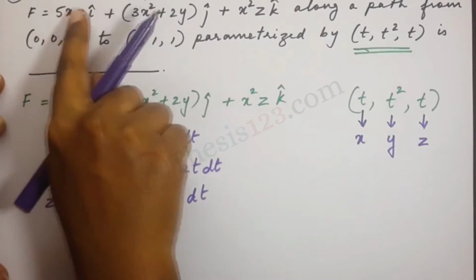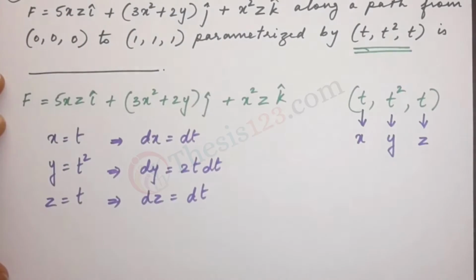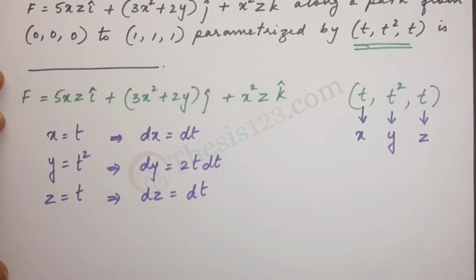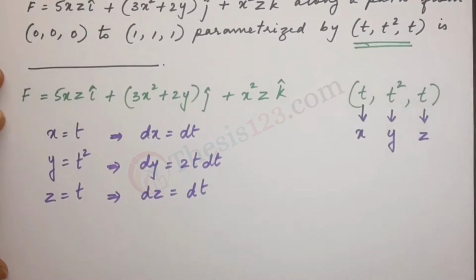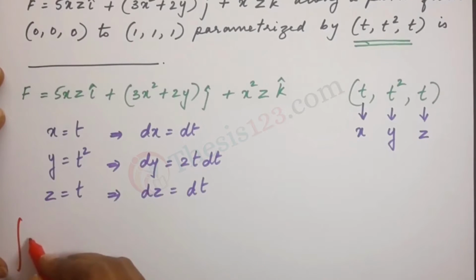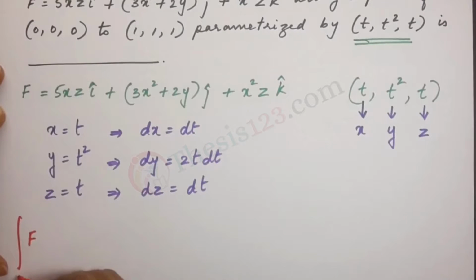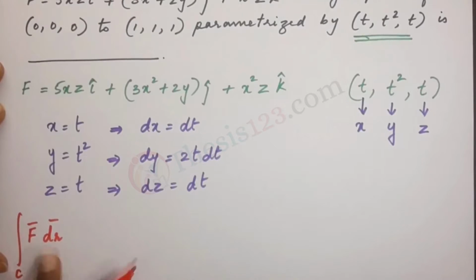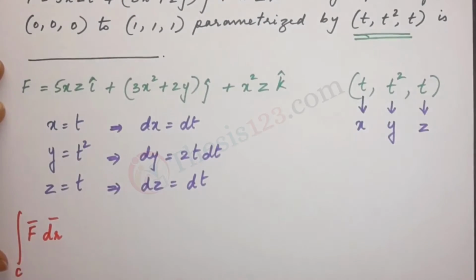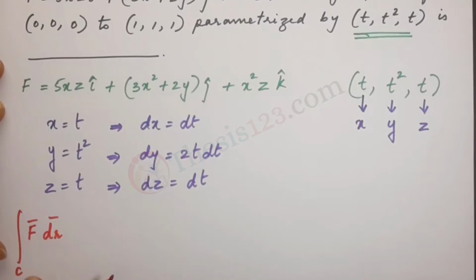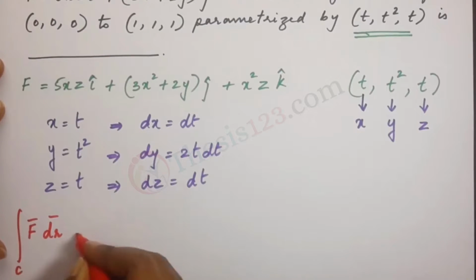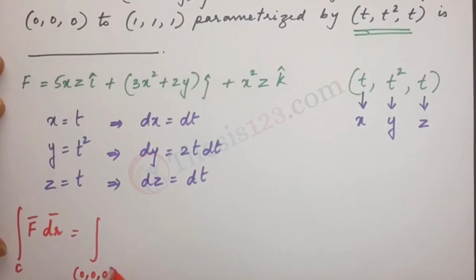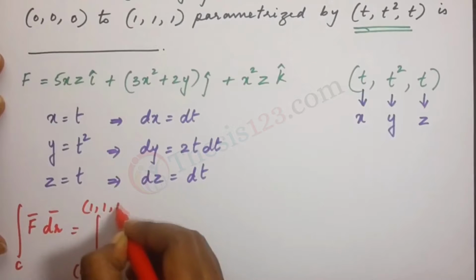Okay, so the question says the line integral, which means we need to integrate the entire function given to us. So let me write that in the next step here. Integral of F dot dr. This is how we write the expression for the integral of a vector field, from the origin (0, 0, 0) to (1, 1, 1).